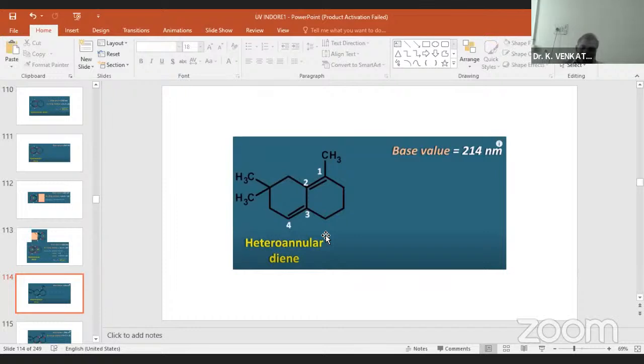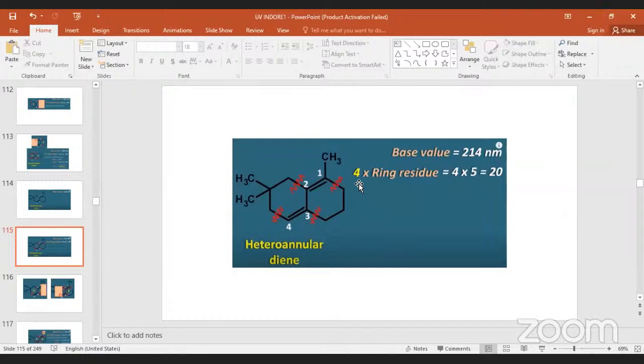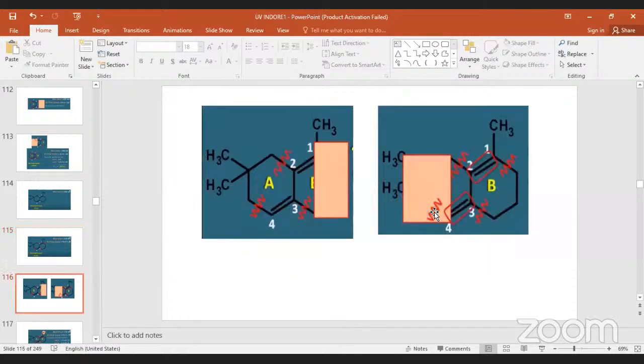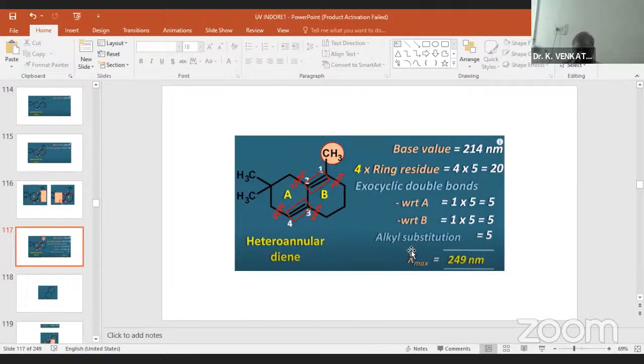Any other faculty? For the base value, it is 214 because this is a heteroannular diene. The 4 ring residues, 4 into 5. Also 2 exocyclic double bonds. So what is the value of this? It is 249 nanometers.